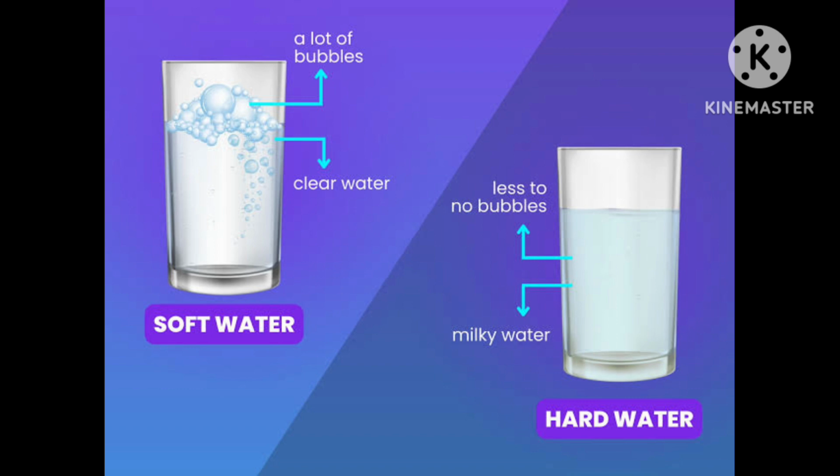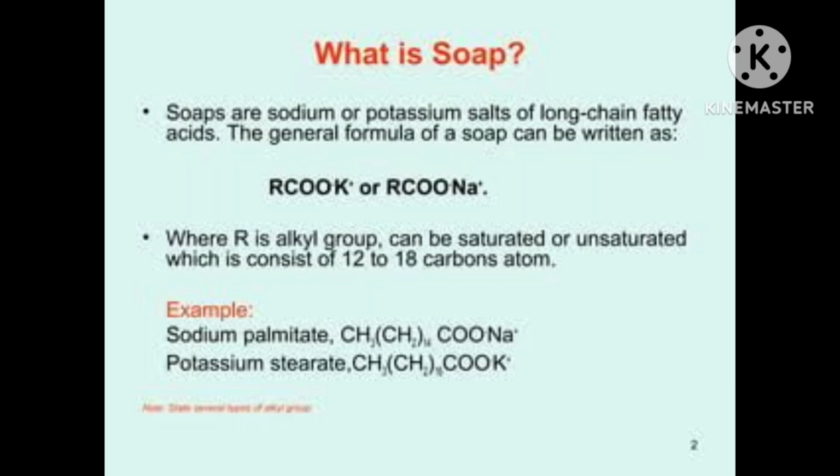As I already told you, permanent hardness is caused by the dissolved salts of calcium and magnesium other than bicarbonate. Bicarbonate is also a salt; calcium bicarbonate and magnesium bicarbonate are also salts.